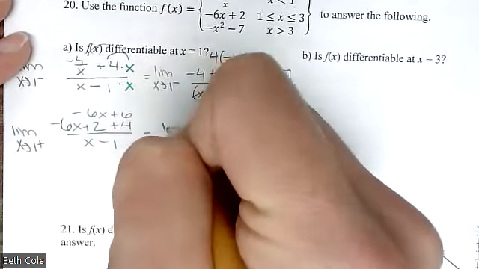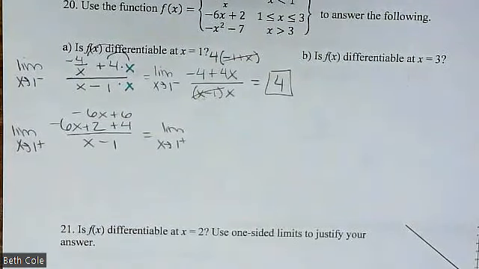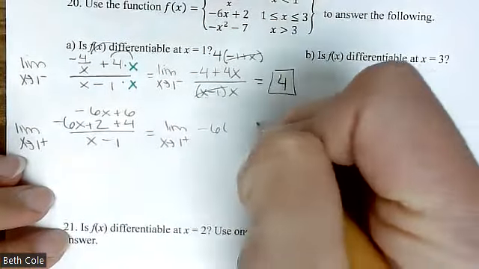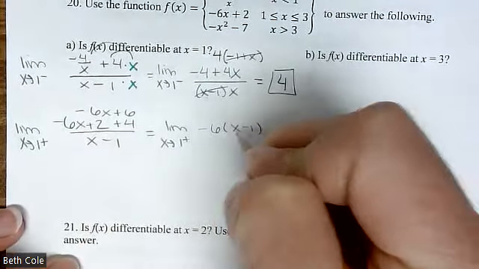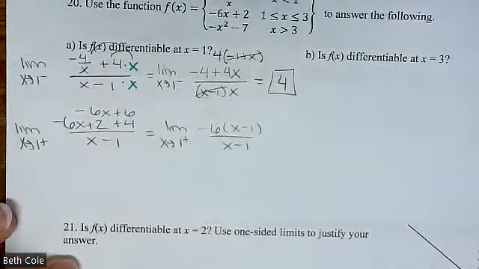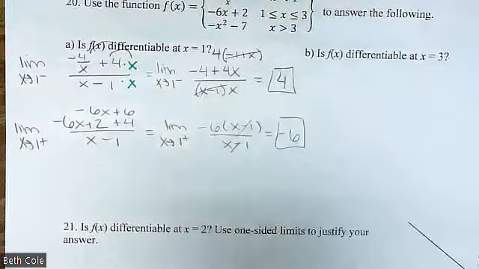And then what can we factor out? Should we take the positive 6 or the negative 6? I think we should take the negative 6 this time. This is like fun with negative signs. So if you take out the negative 6, you'll be left with x minus 1. Those cancel, and you get negative 6.